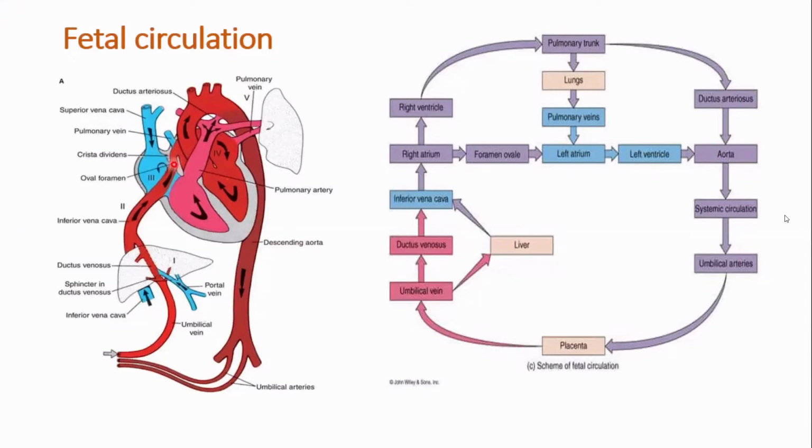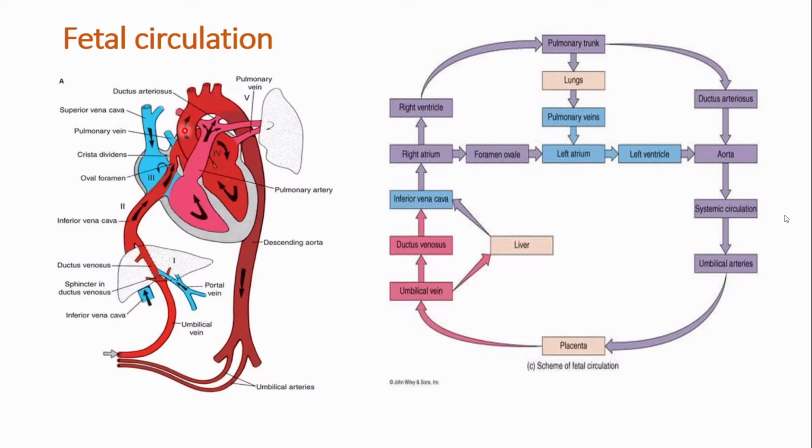So what happens in the right atrium? Ductus venosus, inferior vena cava, then it goes into the right atrium, and from the right atrium there is a crista dividens. That crista dividens will divert the blood from the right atrium to the left atrium. From the left atrium, it will go into the left ventricle, and from the left ventricle, it will go into the aorta, and from the aorta, the head and the neck will receive relatively oxygenated blood.